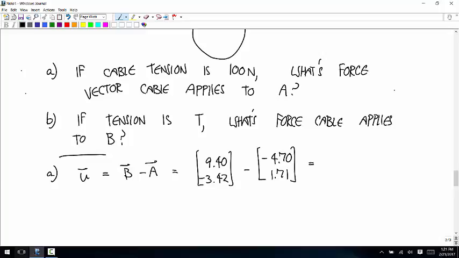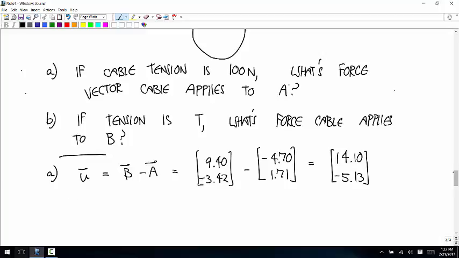And 14.1. And then subtract these two, and you get negative 5.13. That's in the direction of that force vector.